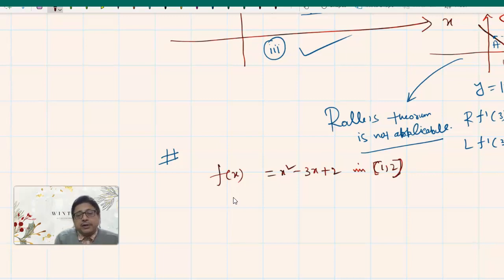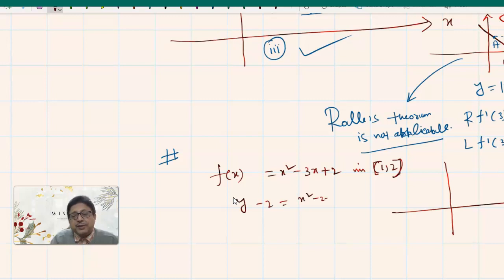If you plot the graph, it is the graph of a parabola. y minus 2 equal to x square minus 3x, so y plus 1 by 4 equals (x minus 3 by 2) whole square.